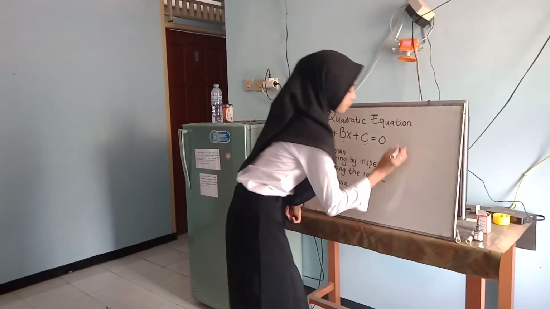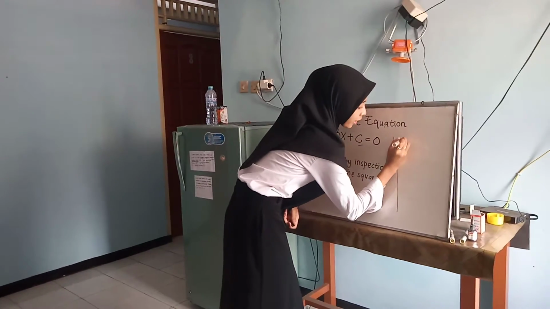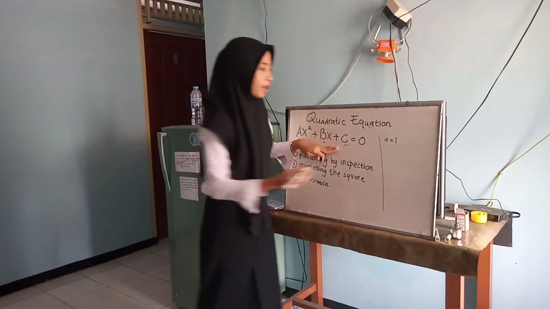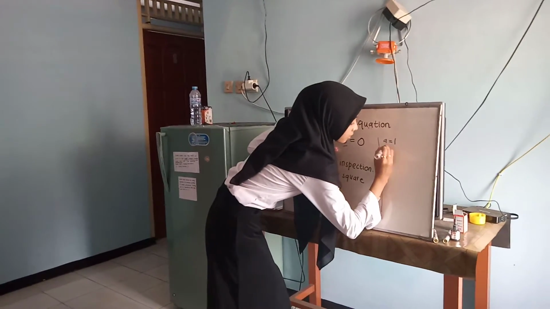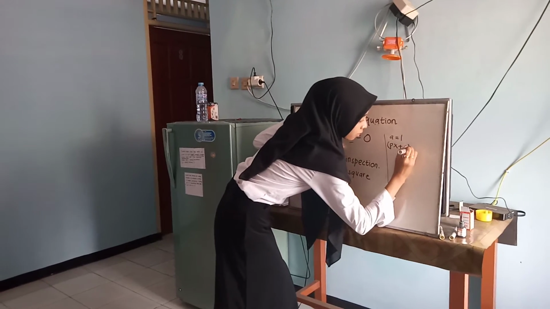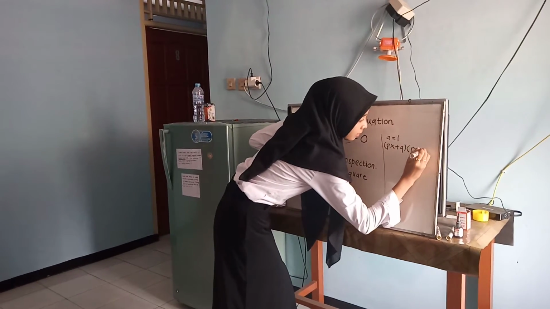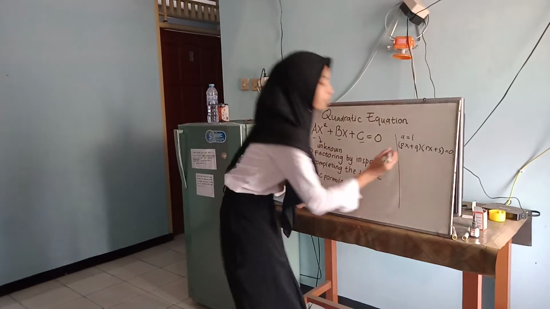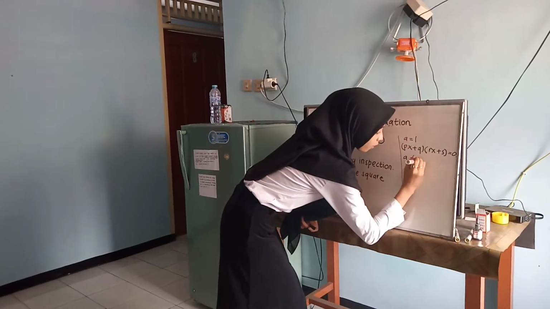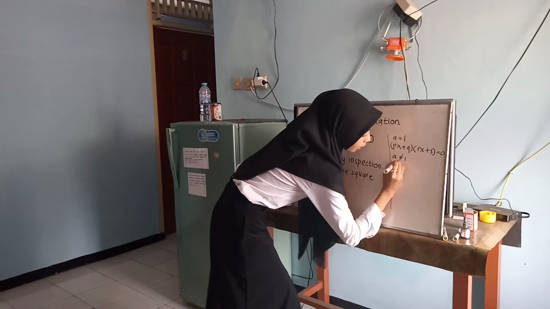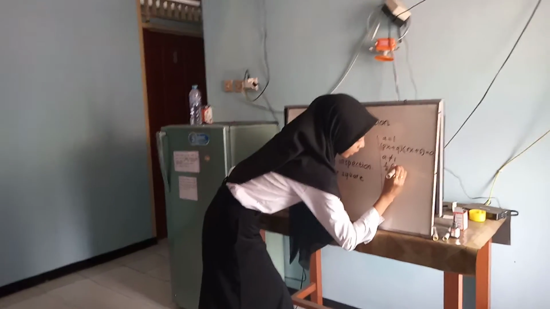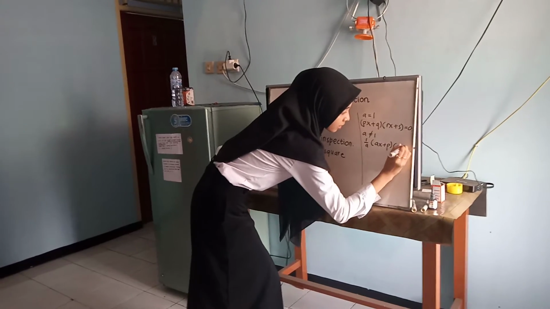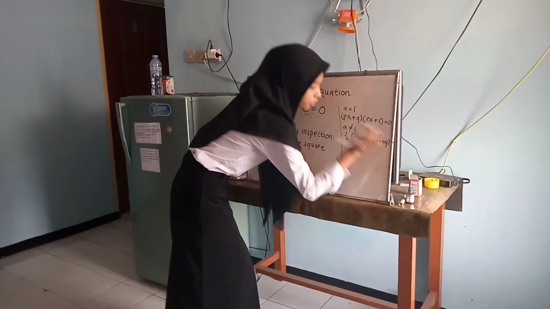The first is if a equals 1, we can factor this equation as (x plus q) times (x plus s) equals 0. The second is if a does not equal 1, we can factor it as 1 over a times (ax plus p) times (ax plus q) equals 0.